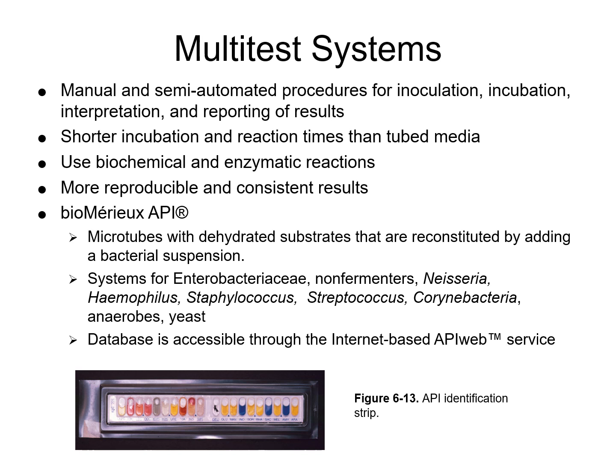An example would be the bioMérieux API systems. You have small microtubes of dehydrated substrates, and you make a bacterial suspension, and the test kit dictates exactly how much of that suspension is needed.